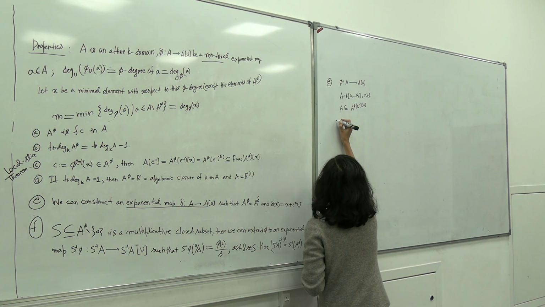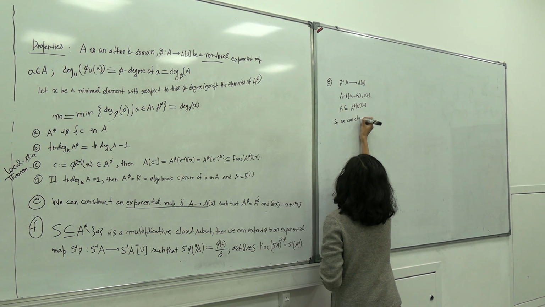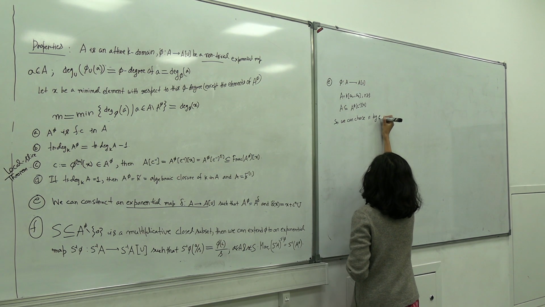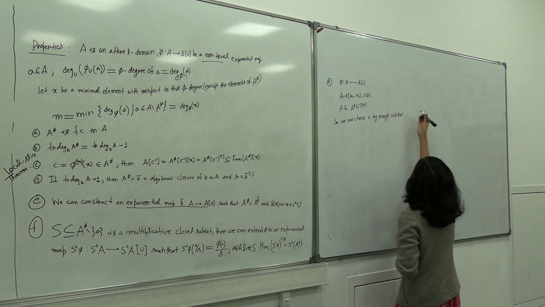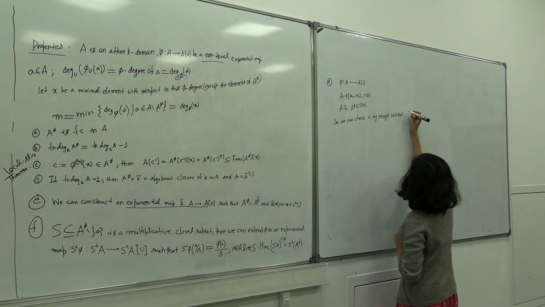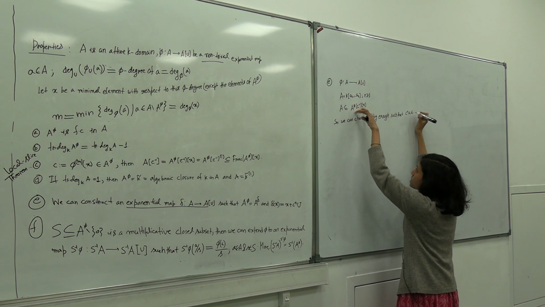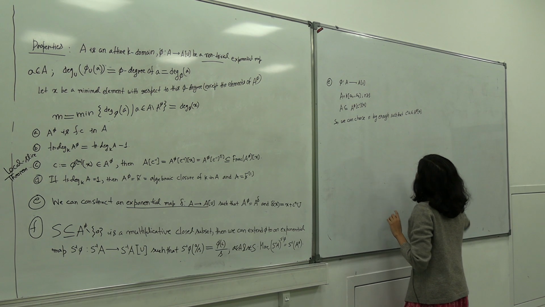So we can choose n big enough such that C to the power n times the ai's will be elements inside this A to the power phi of x.